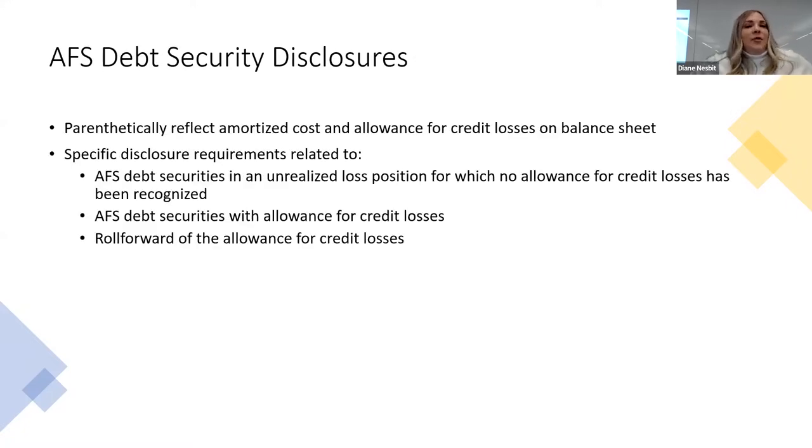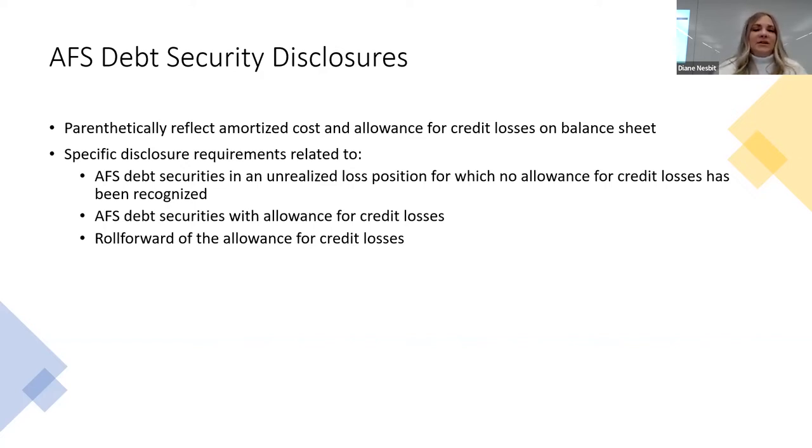All right, available for sale debt securities disclosures. Again, we'll go through a few examples here in a minute. You need to parenthetically reflect amortized costs and allowance for credit losses on the balance sheet. There are specific disclosure requirements also relating to your available for sale debt securities in an unrealized loss position for which no allowance for credit losses has been recognized.